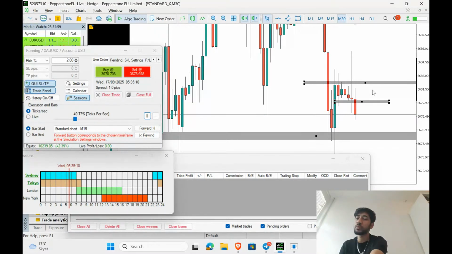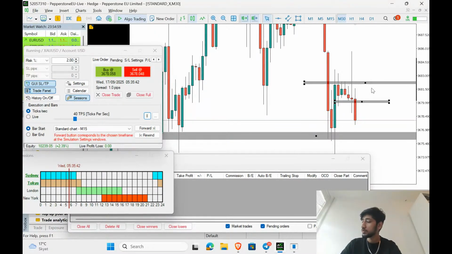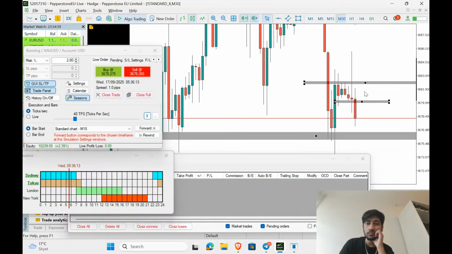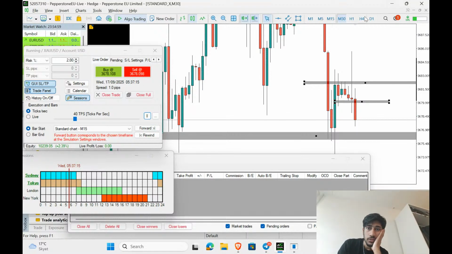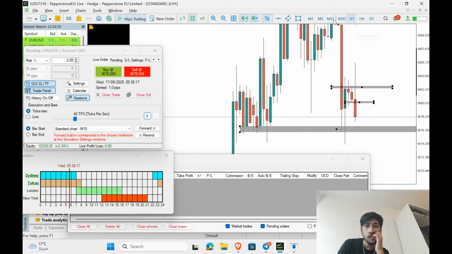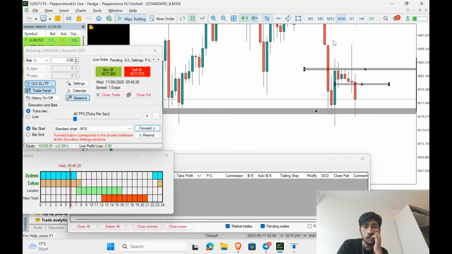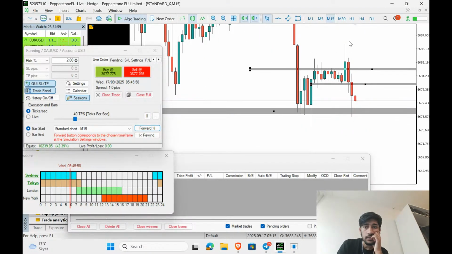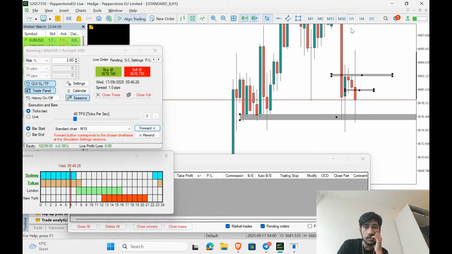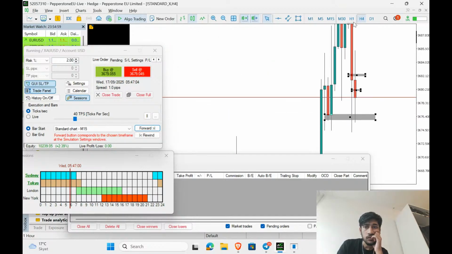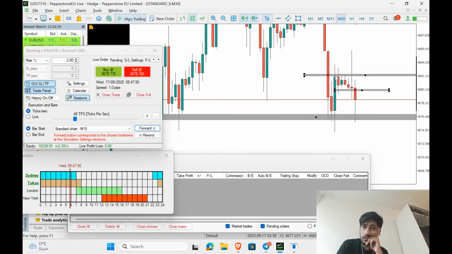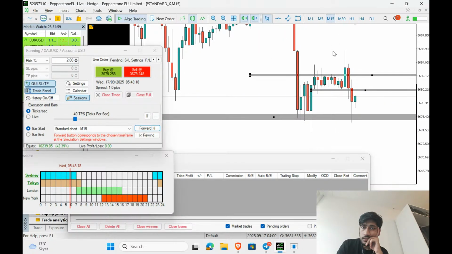Now we just gotta wait. We rejected this area. So if we rejected this area and we fill this range, no, I don't think so.